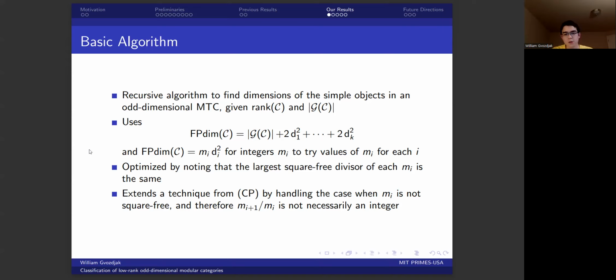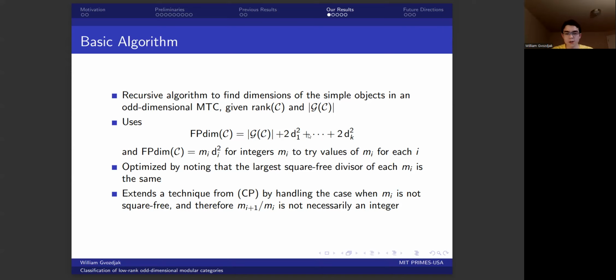And this is interesting because when m sub i is square-free, this ratio m sub i plus 1 divided by m sub i is necessarily an integer, which means that when we substitute in to remove an unknown variable from this equation, all of the coefficients remain integers. And this means that the equation is much, much easier to work with.